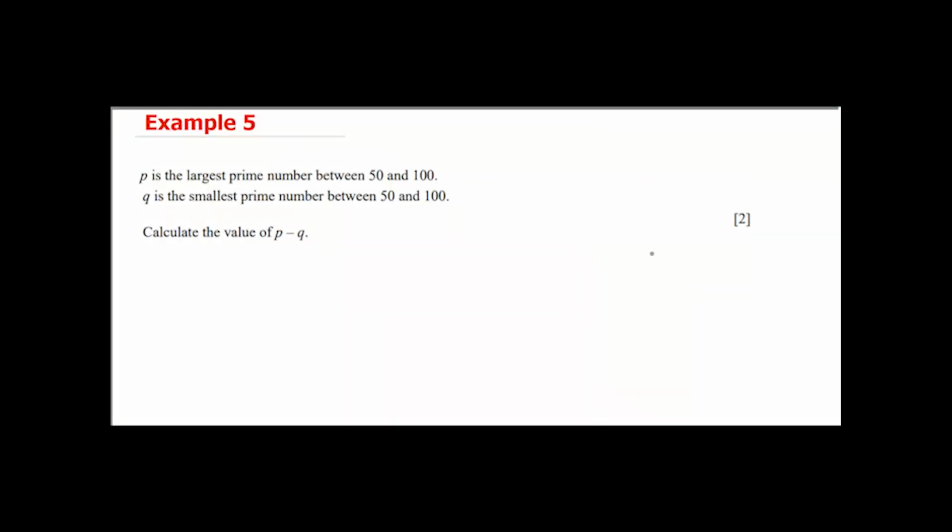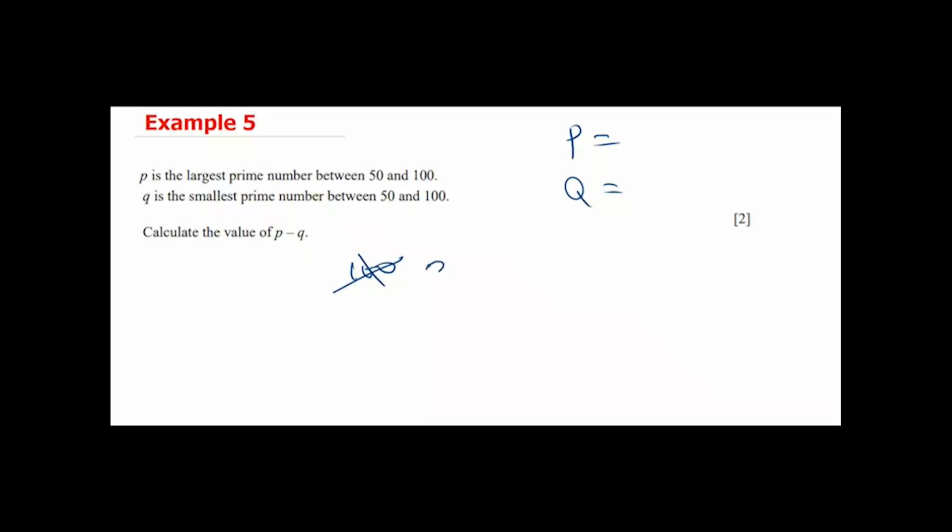That's example 5. P is the largest prime number between 50 and 100. Q is the smallest prime number between 50 and 100. Calculate the value of P minus Q. So we need to get the values of P and Q respectively. So P is the largest prime number. Of course, 100 is the largest number there, but it's not a prime number.